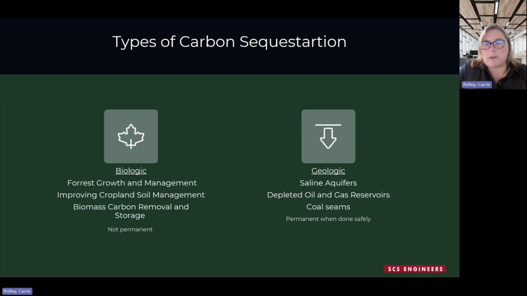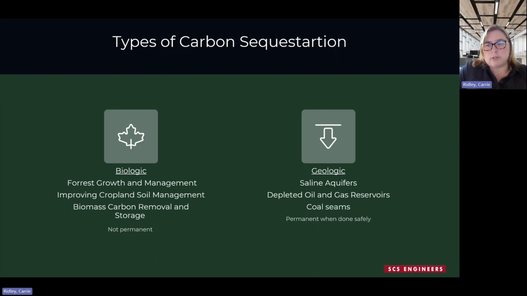A lot of work has already been done on biologic sequestration through forest and soil management processes, such as biomass removal. But with natural hazards like forest fires and the changing political winds, both of those can undo any progress in an instant.